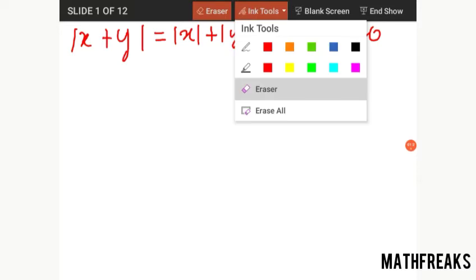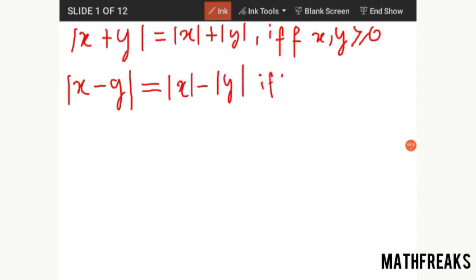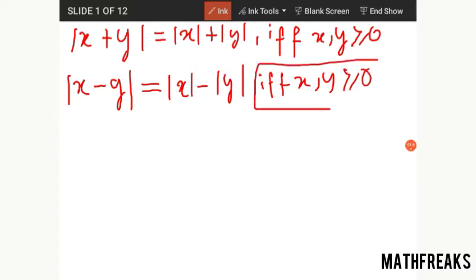But if we take any number less than 0, then it is not true. For example, I'm talking about mod of x minus y now. We cannot write this as mod of x minus mod of y if and only if x and y are greater than 0. This condition is not enough for this rule. Why?